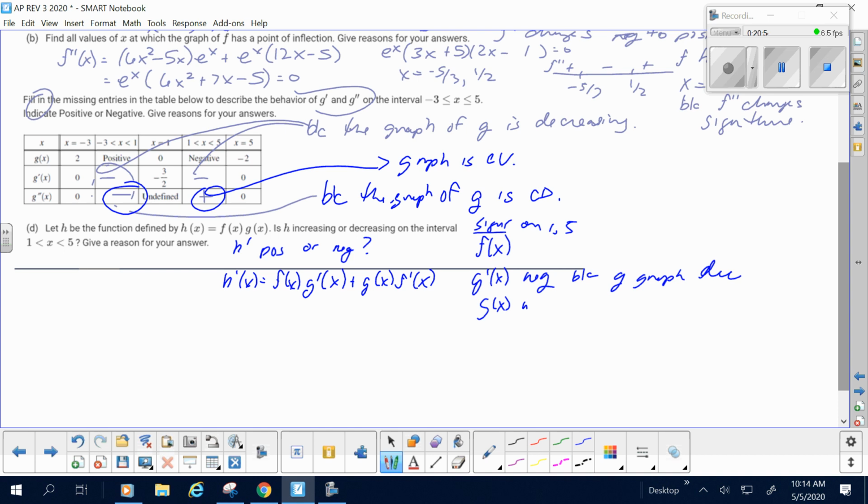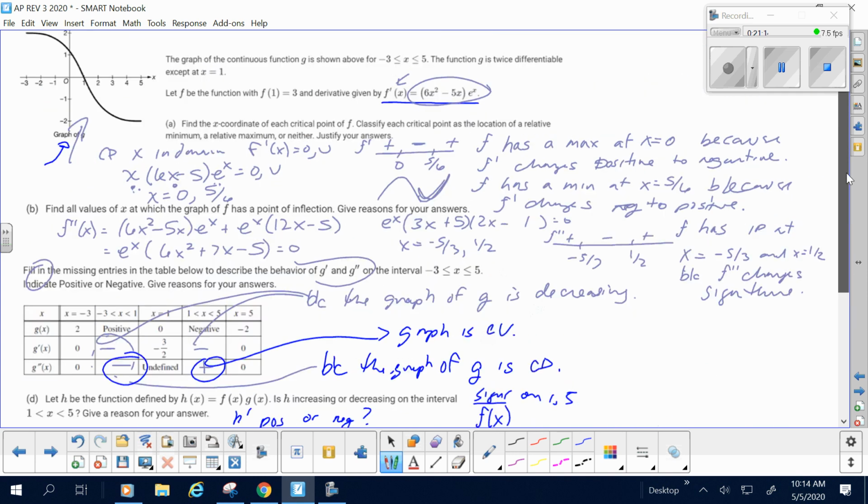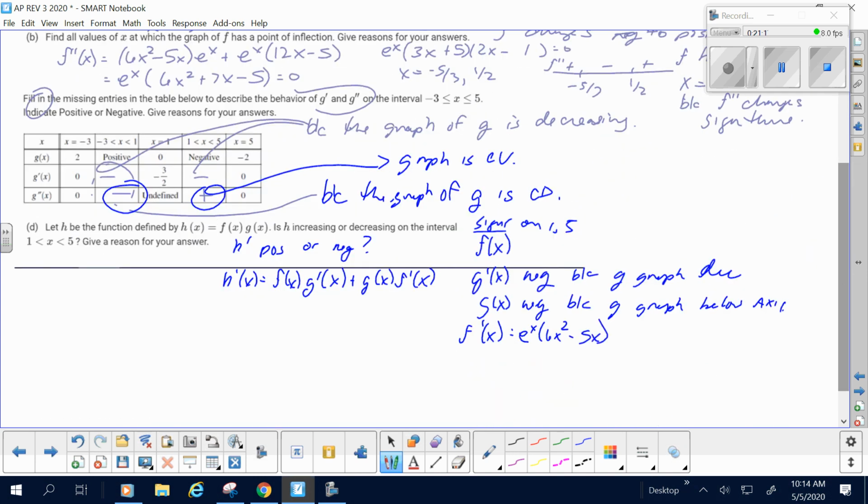And that's negative because the G graph is below the axis. F prime, which is e to the x times 6x squared something or other minus 5x, is positive by our sign chart back in the day, for any x between 1 and 5. That comes out positive by sign testing.